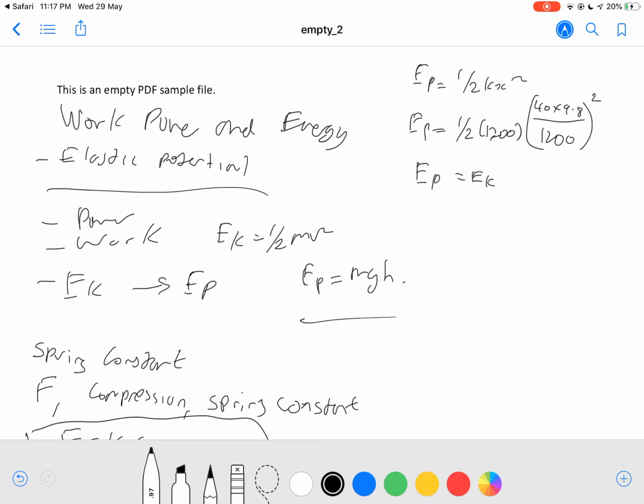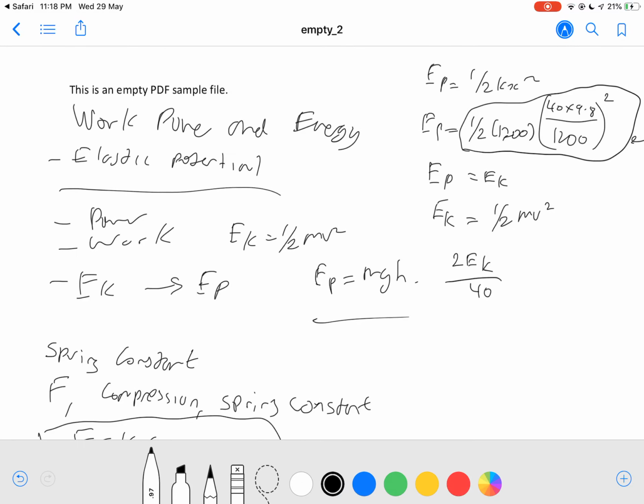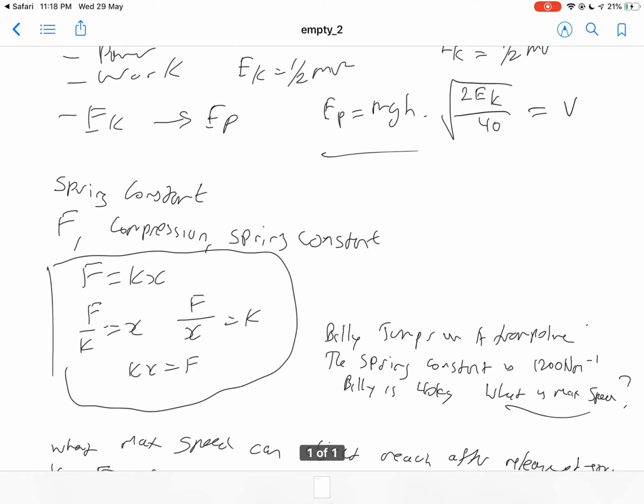So EK equals half mv squared, therefore 2EK divided by the mass, which was 40, and the square root will give us v. This is how you would find the velocity of an object given a spring.